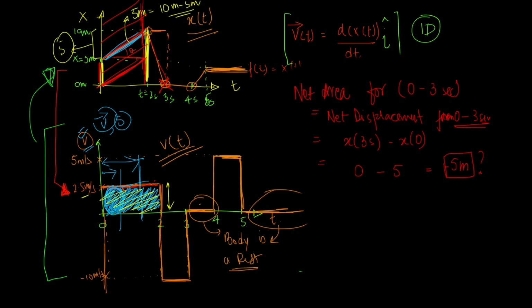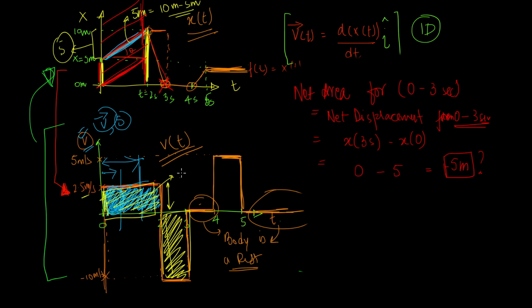So with a change in the color of my pen, I could now go on to evaluate the net area. Now, in order to do that, we must evaluate the net area in the first 2 seconds, and also include in that the area in the last 1 second. The area in the last 1 second is this. But you see, there's a difference between this block right there and this block right there.